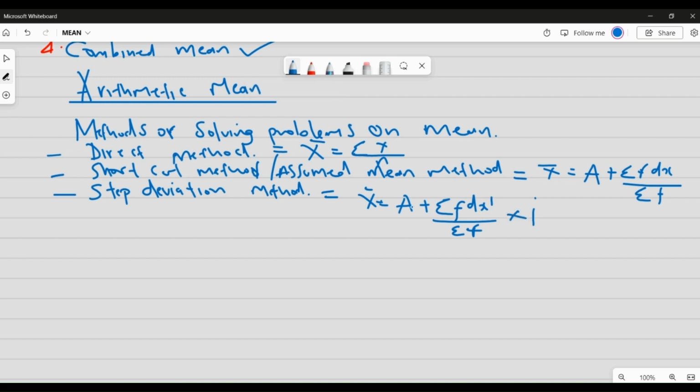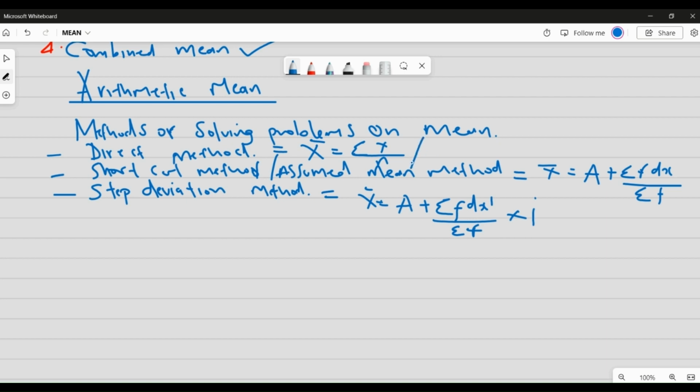For this tutorial, we are going to use the direct method of computing mean. And remember, this first formula is for when the values given are for ungrouped data.